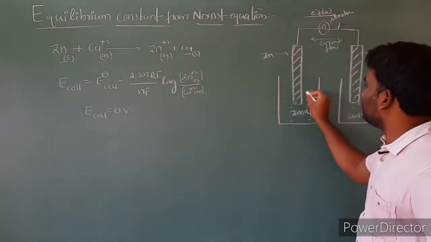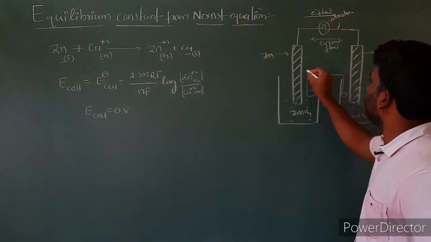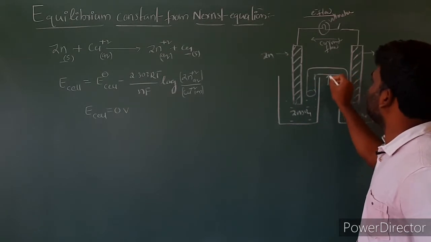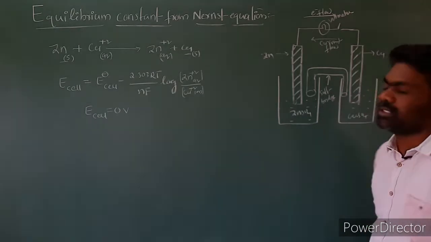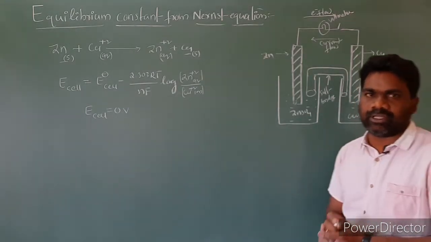These two half cells are connected internally by a salt bridge. This is the oxidation half cell and this is the reduction half cell.